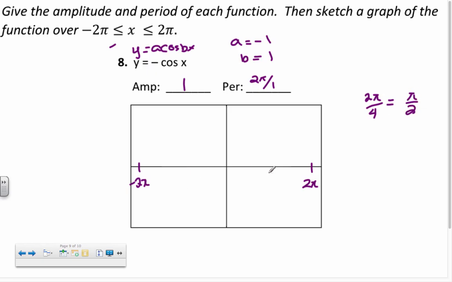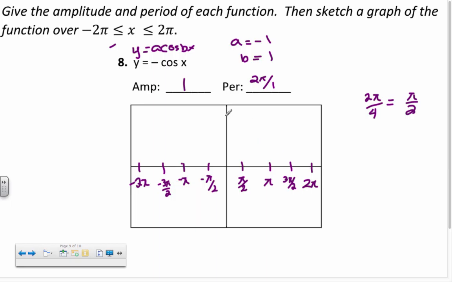So that's what I want each of my marks to be for the graph. Here I'm going to have 1, 2, 3: pi over 2, pi, and 3 pi over 2. Then I can do the same in the negative direction: negative pi over 2, negative pi, and negative 3 pi over 2.